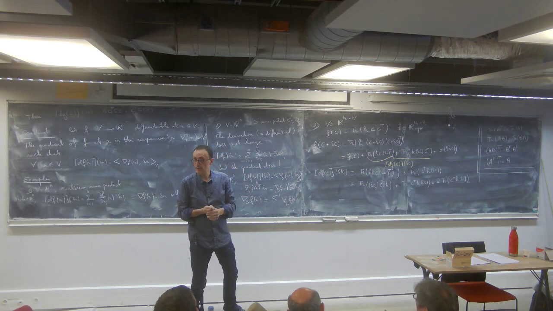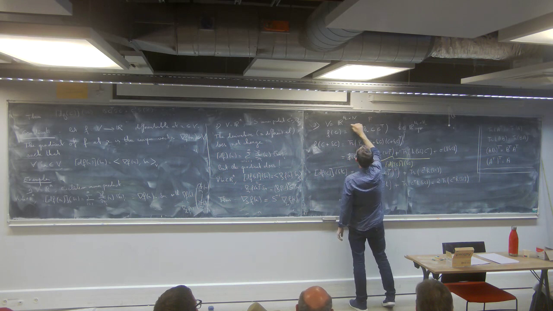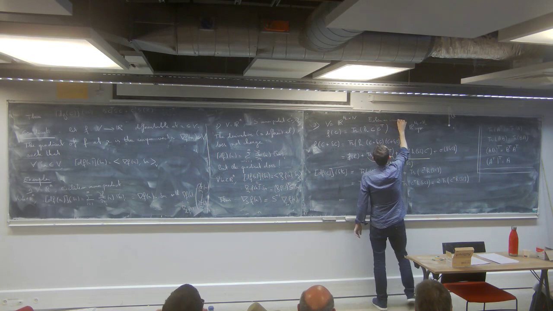And now what is the gradient? So I equip this space with a Frobenius inner product.